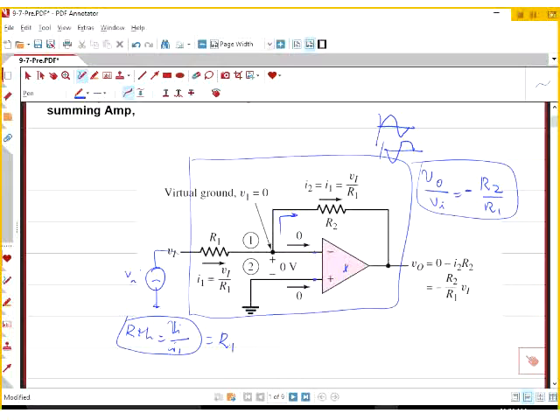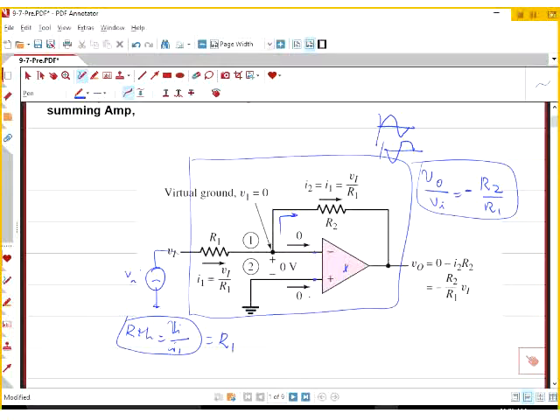Now I want to trick you guys. If I put the input on the plus pin, same circuit, which makes it a non-inverting amplifier, what would the input resistance be? Same thing, R1? Infinite? You said infinite? It's correct.